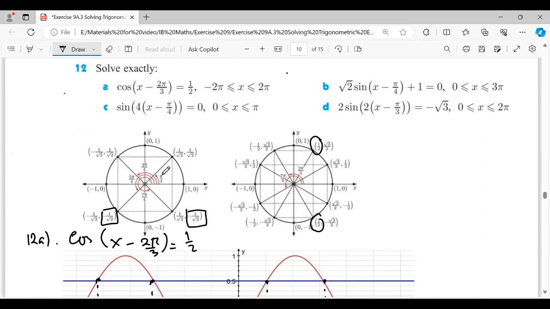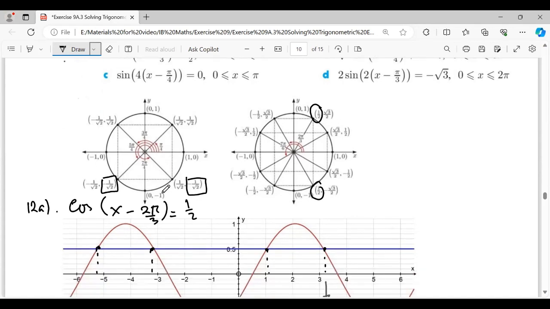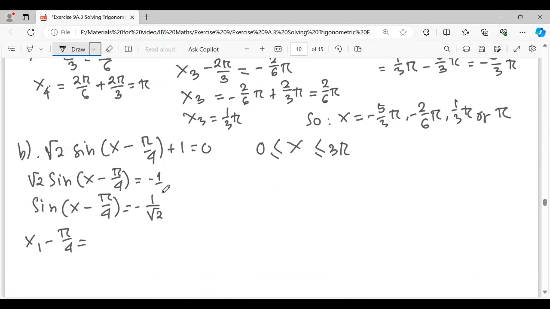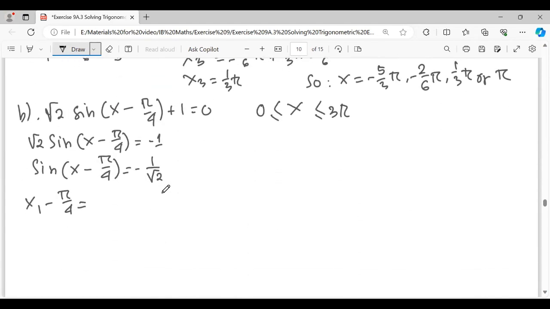This is 5 over 4 pi, and this one 7 over 4 pi.